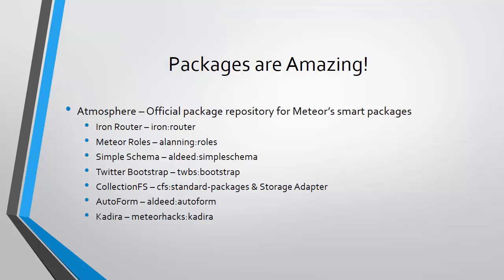Some of the ones that I find to be most useful when working in any project are Iron Router, which has to do with routing: taking a path that someone's trying to visit in your app and then rendering a template using Blaze, which is the templating system, or I think there are some others that are supported now, like Jade.